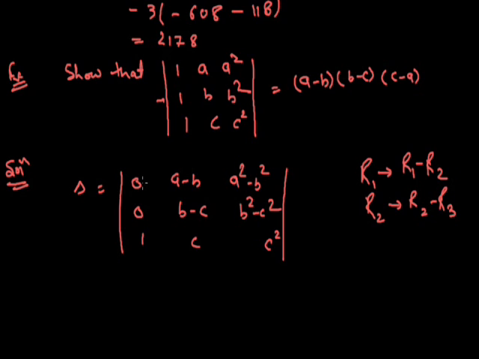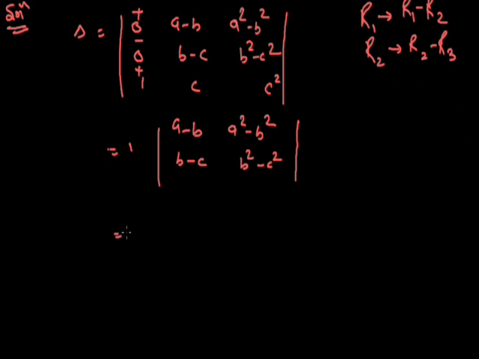Now these two elements are 0, so we can expand along this column. It is plus, minus, plus. So for the 1, the determinant is a minus b, a square minus b square, b minus c, b square minus c square. Now in the first row we can take a minus b common, leaving 1, a plus b.